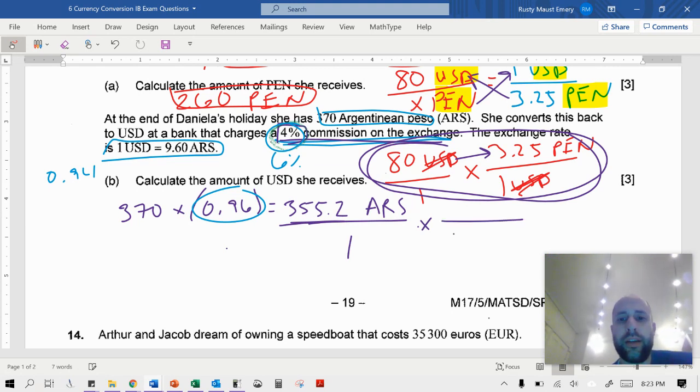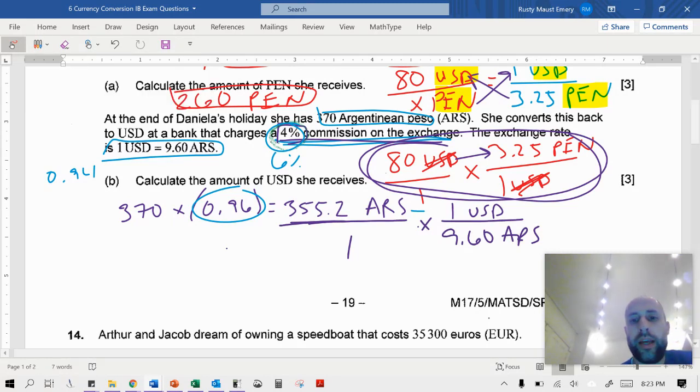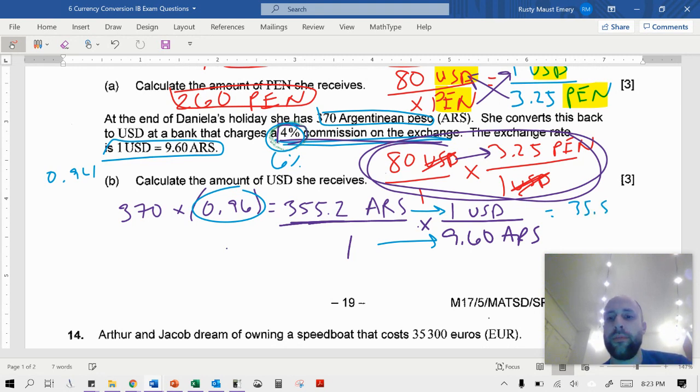In this case, the 9.60 goes on the bottom and the $1 US goes on top. When I finish calculating, this is set up as a multiplication problem, multiplying across, but I'm going to end up just taking 355.2 divided by 9.60.